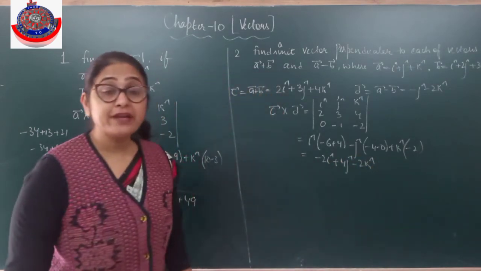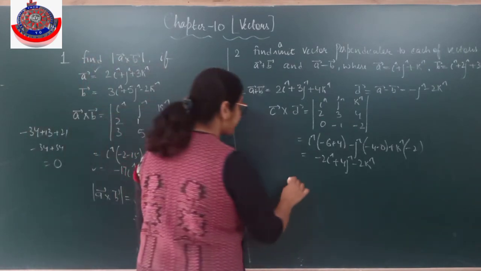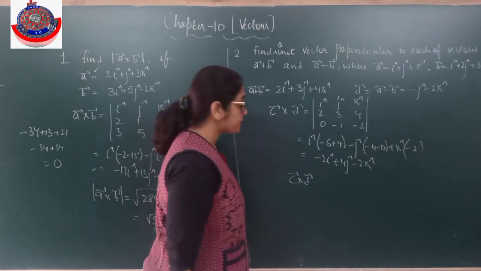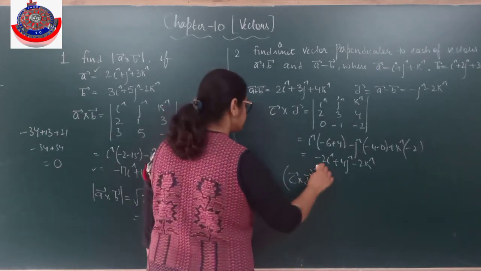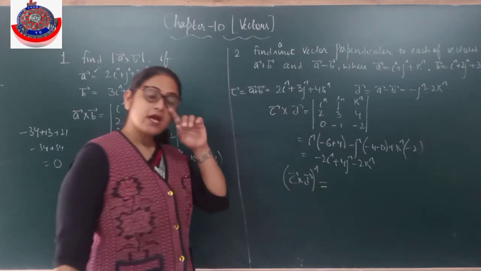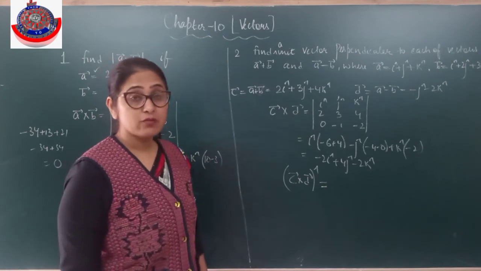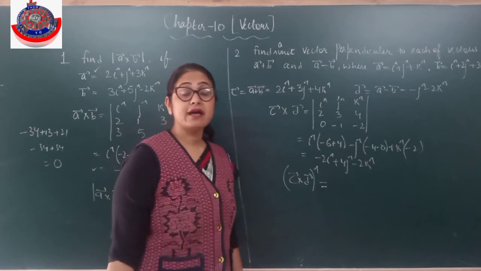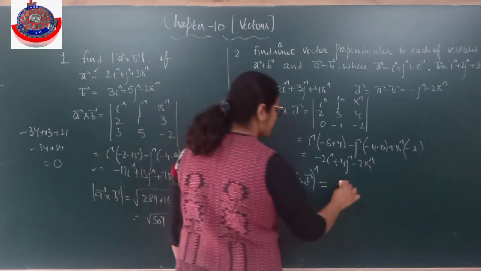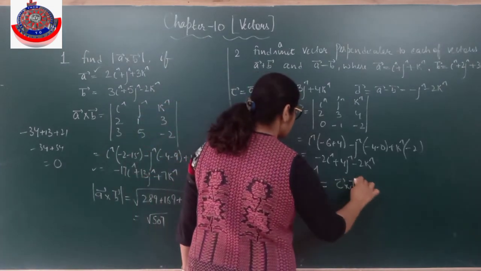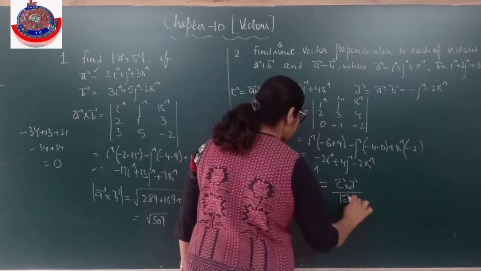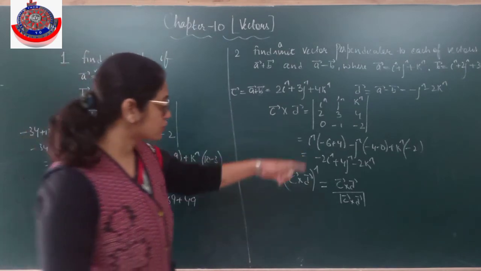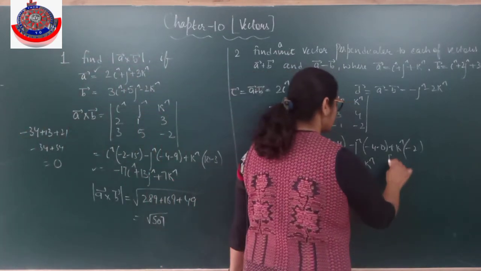Fine. Now I need to find a unit vector. मुझे ये C vector cross D vector नहीं चाहिए, मुझे चाहिए unit vector. Unit vector मतलब cap. How do you find unit vector? What was the formula? Remember? Yes. That is vector divided by magnitude of the vector. So I need to find the magnitude first of all.